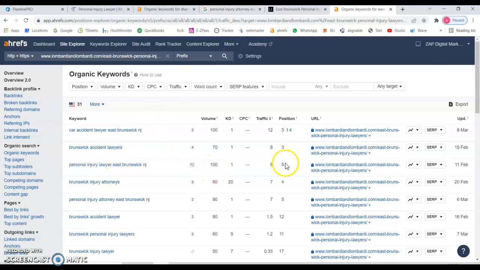160 a month, and because of ranking number 5, they're getting 8 visits. The one that we were just talking about, personal injury attorney in Brunswick, New Jersey, has 90 searches a month that we just saw, and because of ranking number 5, they're getting another 7. So those are potential customers, potential clients that are looking for the services, and you can take a piece of this pie if you start ranking correctly for these specific keywords.